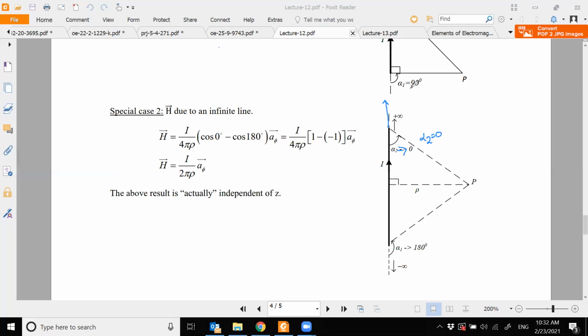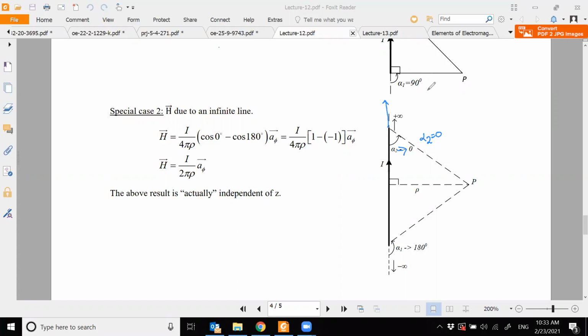Mr. Abdul Al-Shuair, can you tell me? If I start moving this towards minus infinity, what will happen? It will go to 180.